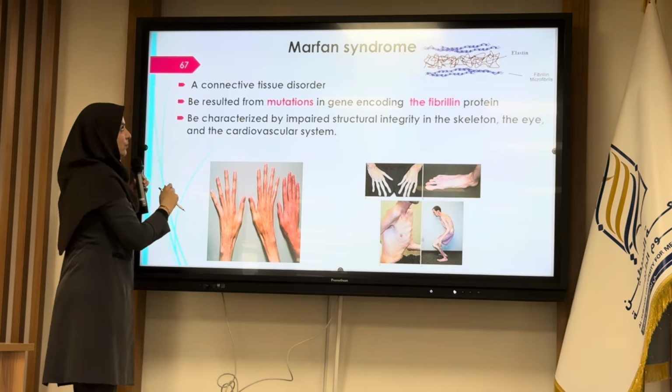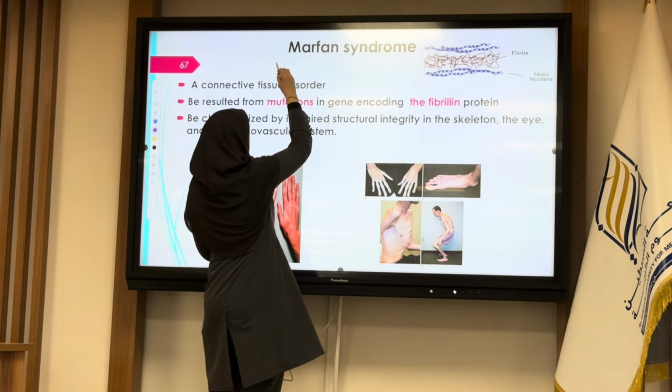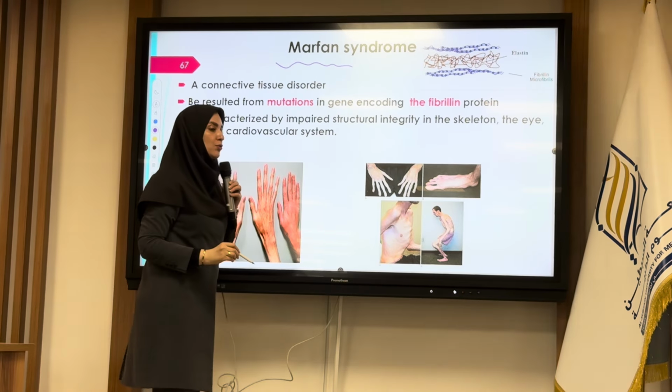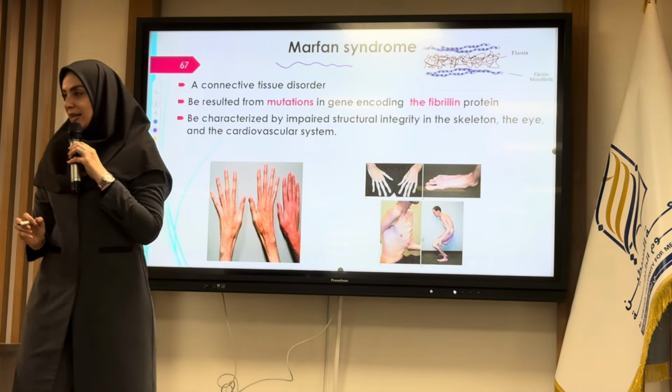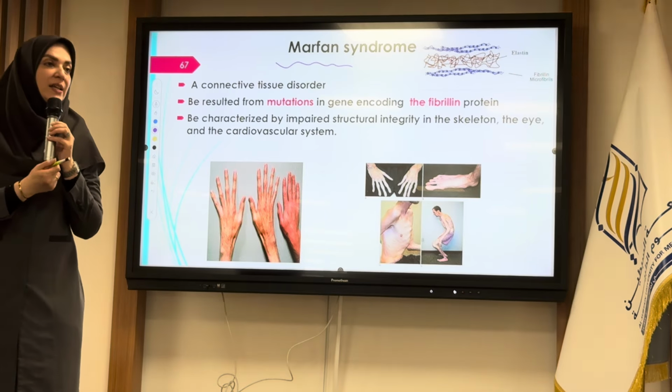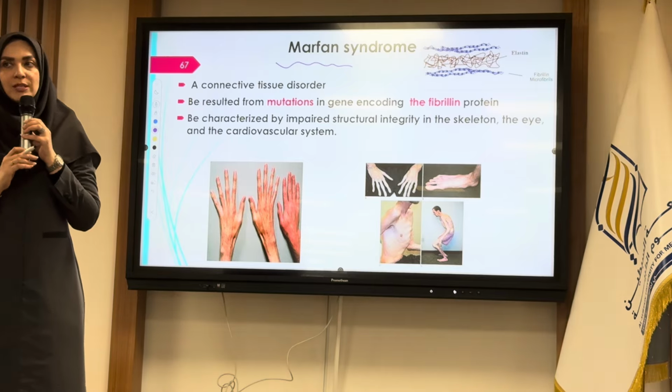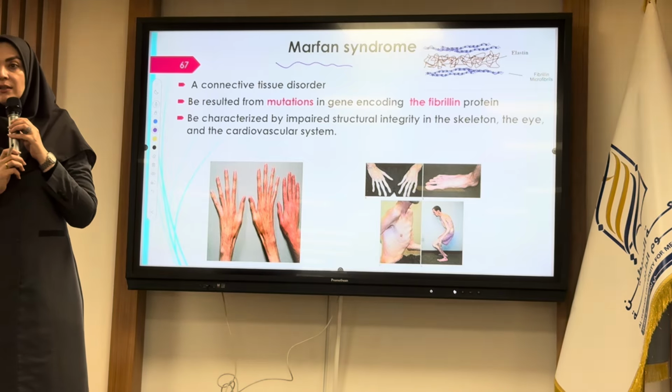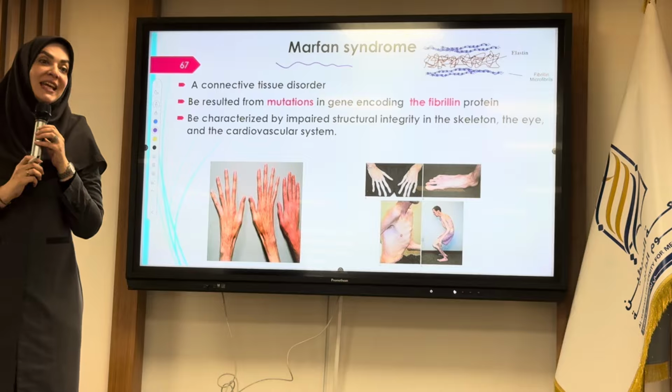Another disorder related to fibrous proteins is Marfan syndrome. Sometimes I ask you the name of the protein that is defective in Marfan syndrome. What is the name of the protein? Fibrillin, excellent.